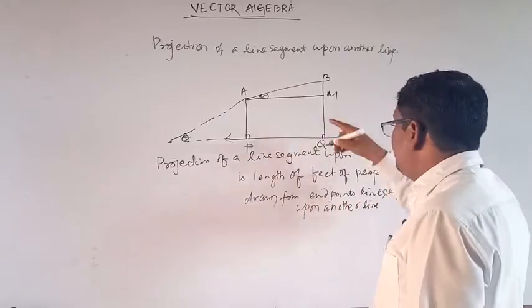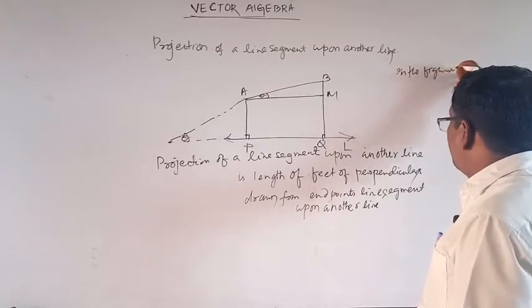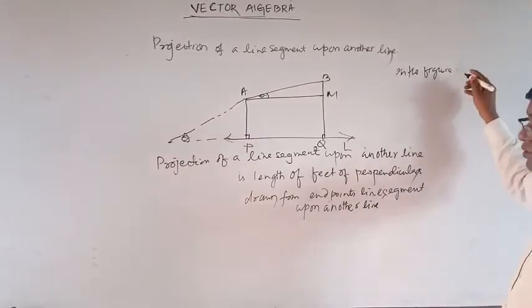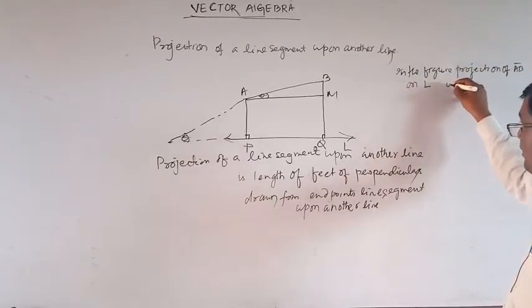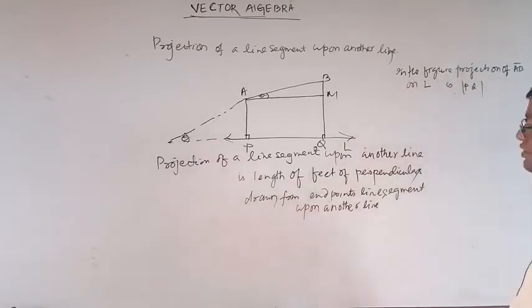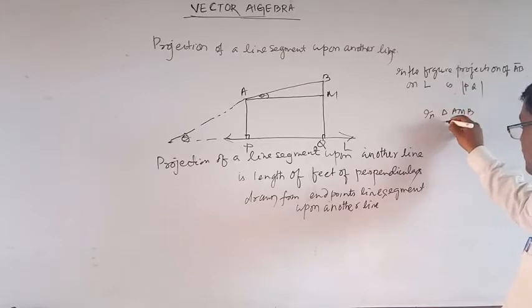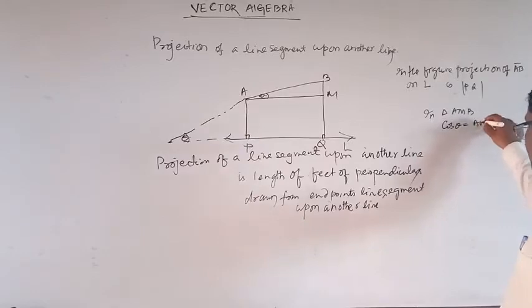In the figure, the projection of AB on L is the PQ distance. Again in triangle ABM, cos theta is equal to B by H, AM by H, where H means AB distance.